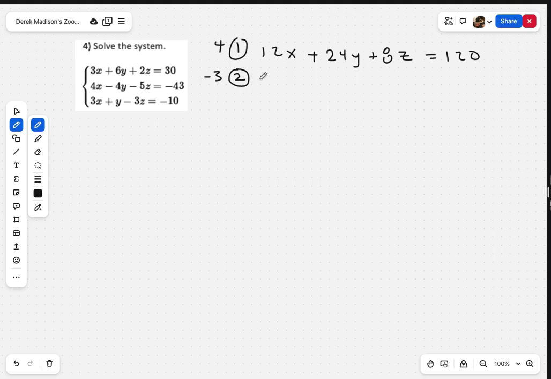And then that would be negative 12x, and then plus 12y, and then plus 15z, and then times negative 43 would be 129.